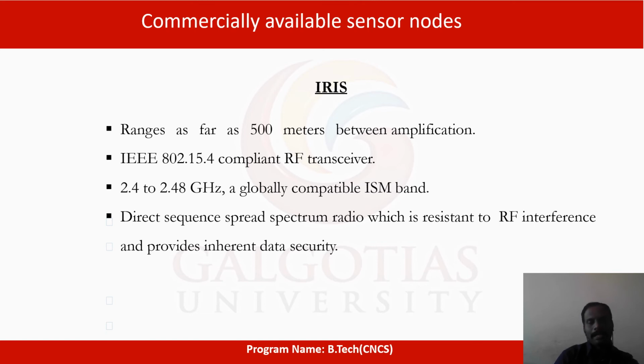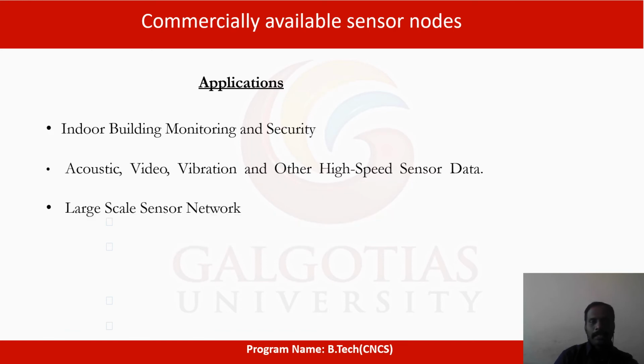The direct sequence spread spectrum radio is used to reduce RF interference, and it provides inherent data security. Then applications: indoor building monitoring and security, then video, vibration and other high speed sensor data, and large scale sensor networks.